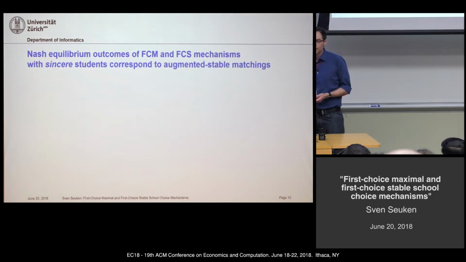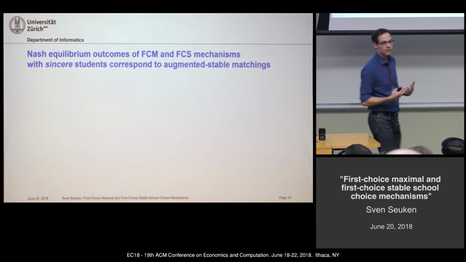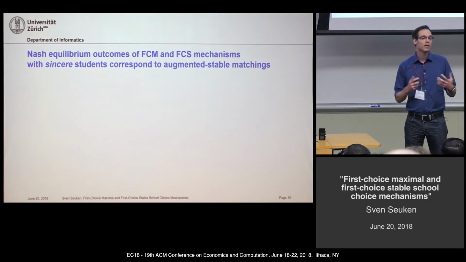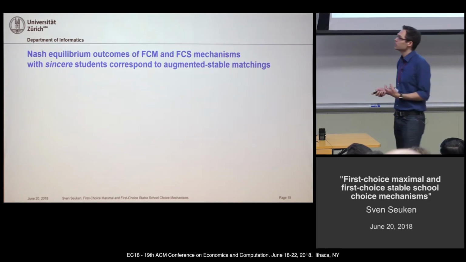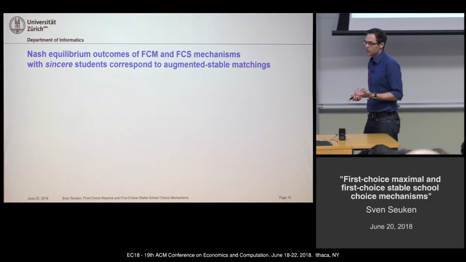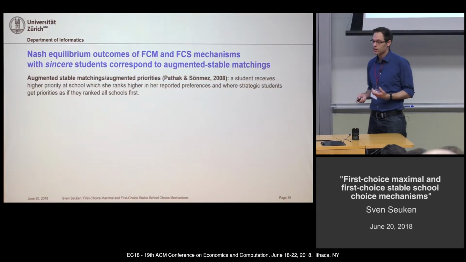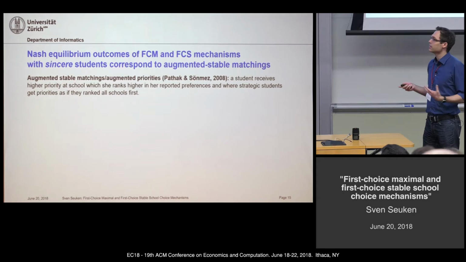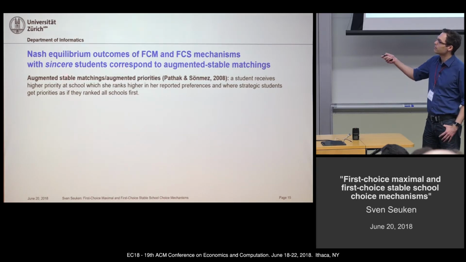And so this motivates looking at mixed settings. What if not all students are strategic, but some are sincere and some are strategic? So this was a point of view that Pathak and Sönmez took already in 2008. And for this setting, to analyze it, they defined what they call augmented stable matchings and augmented priorities.